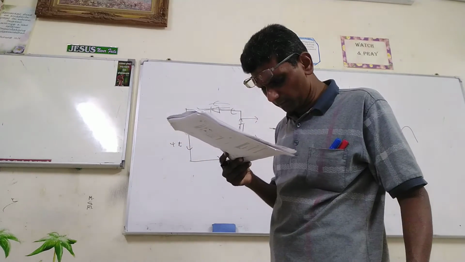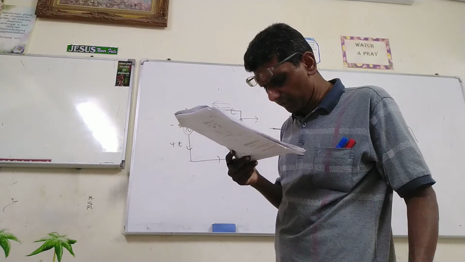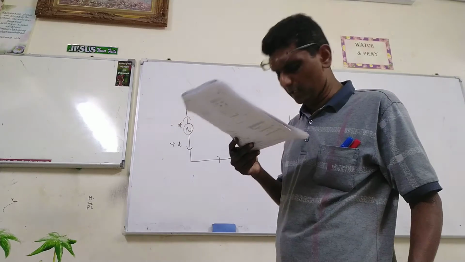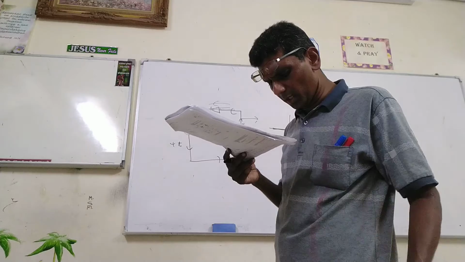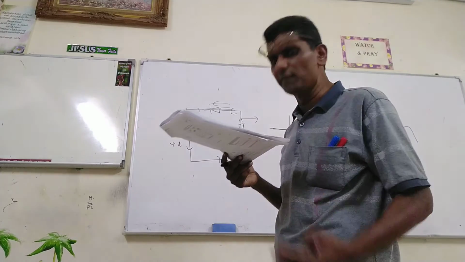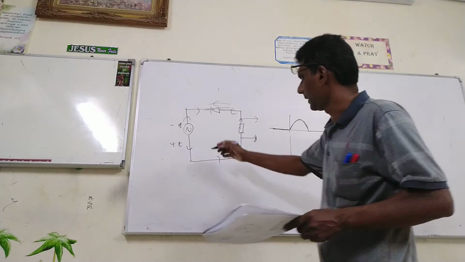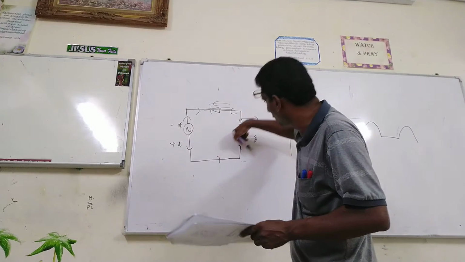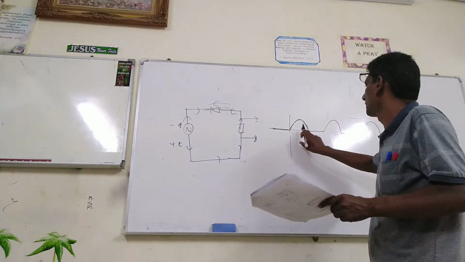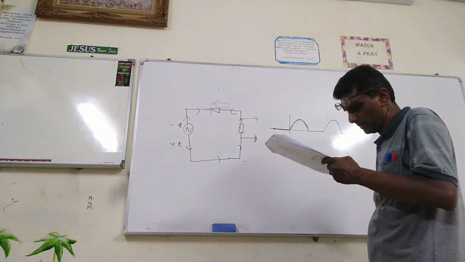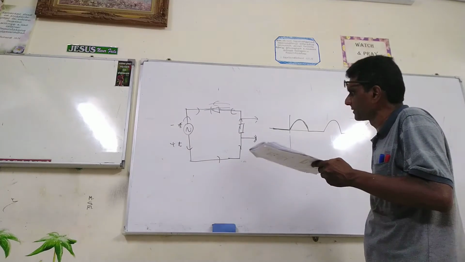Okay. In the first half, the diode is reverse bias, no current flows. In the next half, the diode is in forward bias, so current can flow like this.